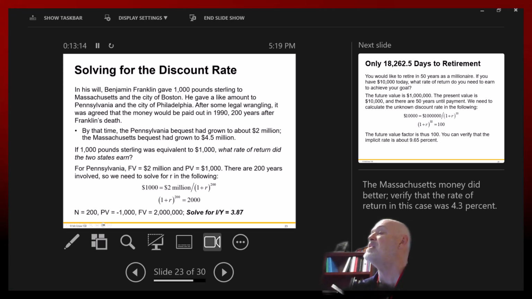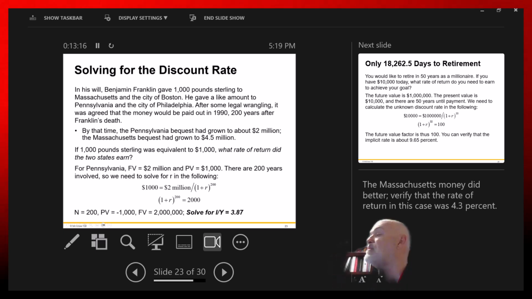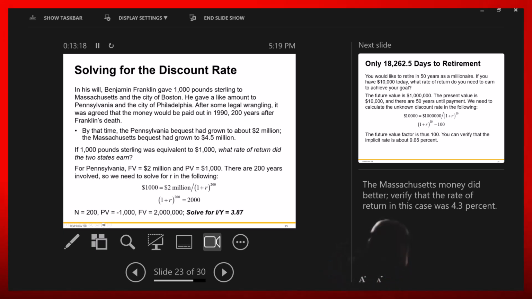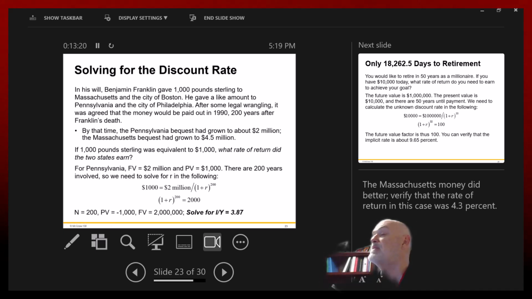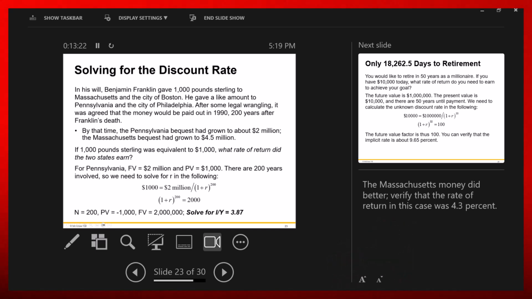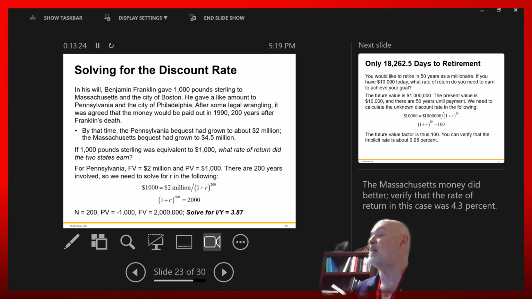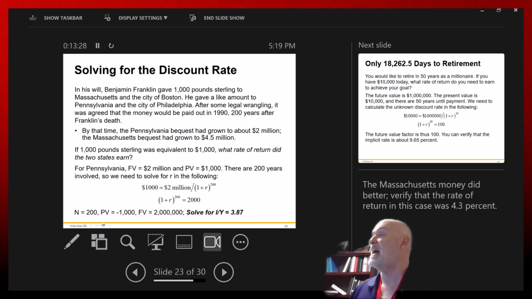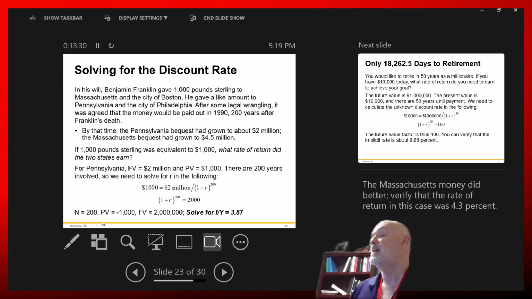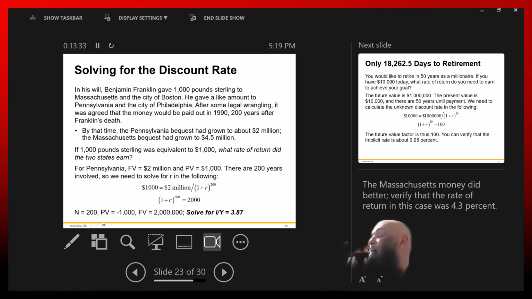Solving for the discount rate. In his will, Benjamin Franklin gave 1,000 pounds sterling to Massachusetts and the city of Boston. He gave a like amount to Pennsylvania and the city of Philadelphia. After some legal wrangling, it was agreed that the money would be paid out in 1990, 200 years after Franklin's death. By then the Pennsylvania bequest had grown to about $2 million, and the Massachusetts bequest had grown to $4.5 million.